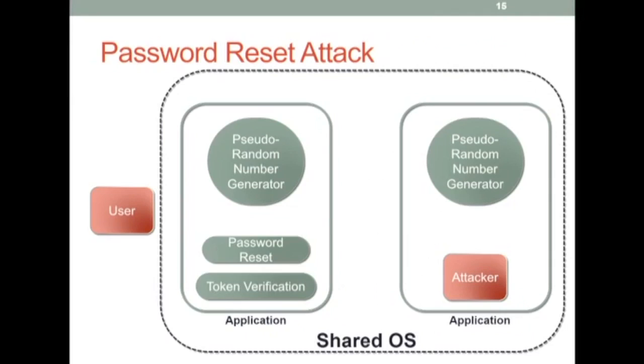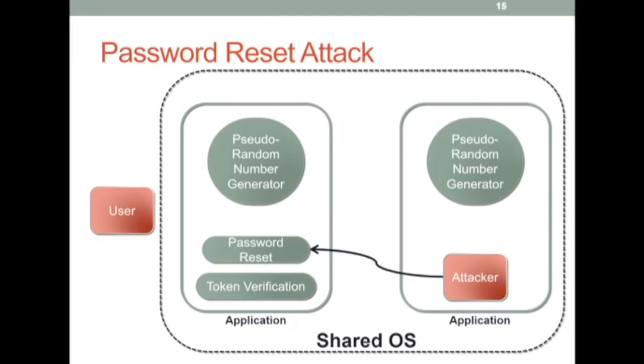Here we consider a scenario where the attacker and the victim share the same operating system, and this is true in the public platform as a service cloud. The attacker will act on behalf of the user and try to reset the password of an arbitrary account.